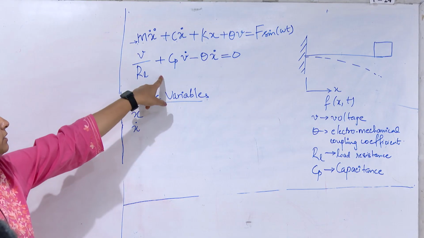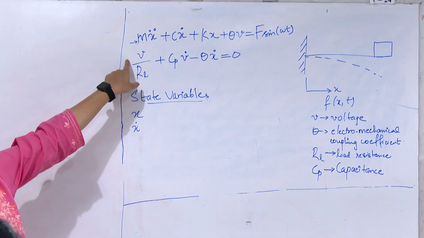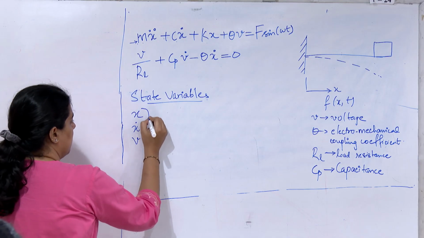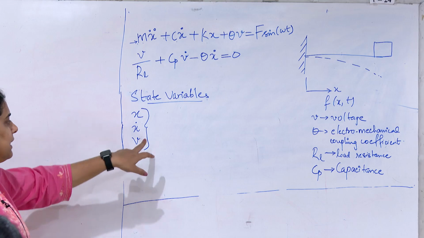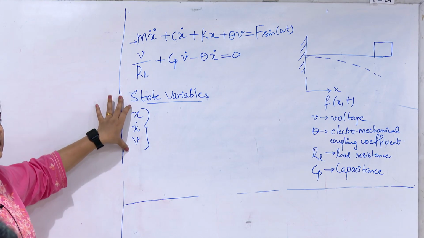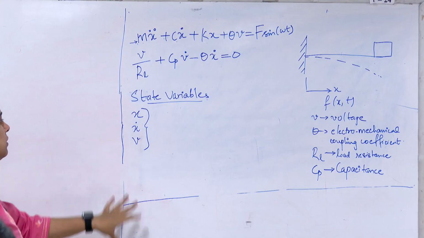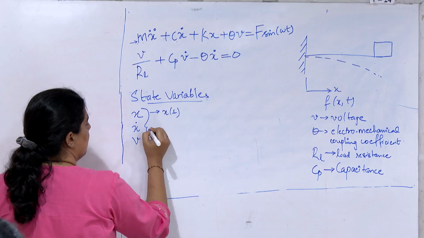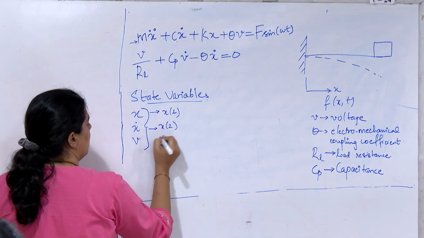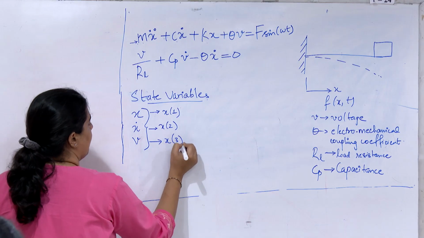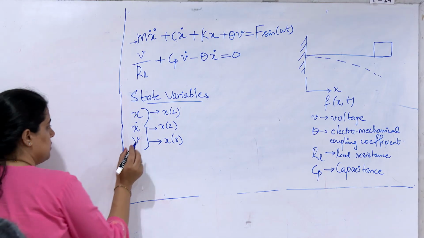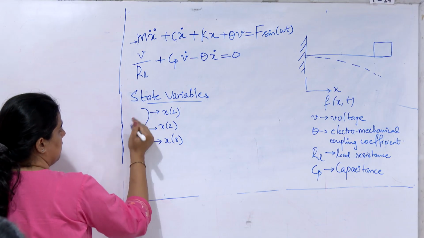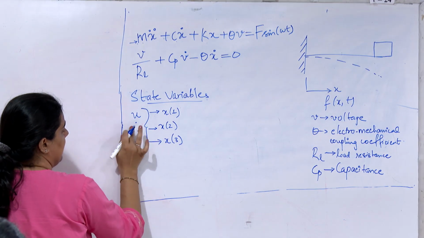Because of the electrical part you will have a third state variable, which is voltage V. So now we have to define equations such that integrating those equations will give you these three variables. Say I name these x of 1, x of 2 and x of 3. It might be confusing, so I'll just rename it as u for now.